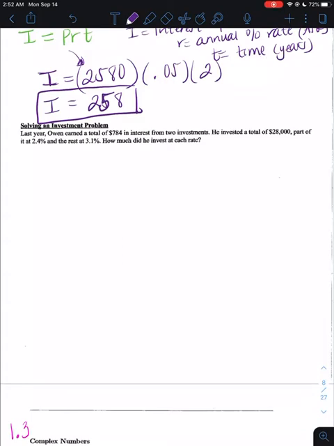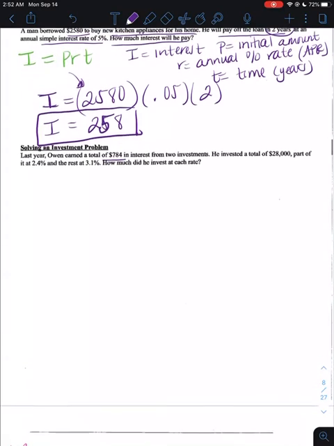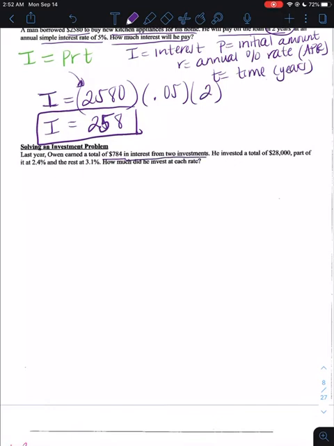So it says last year Owen earned a total of $784 in interest from 2 investments. So the total interest is $784. He invested a total of $28,000. So altogether, the money adds up to $28,000. That's how much he puts into these 2 separate accounts. Part of it has an interest rate of 2.4%.